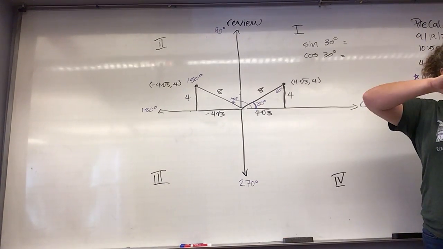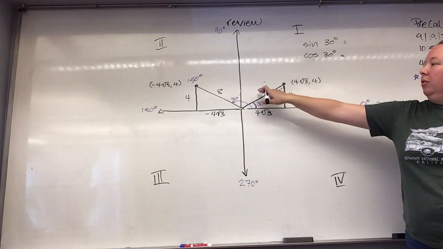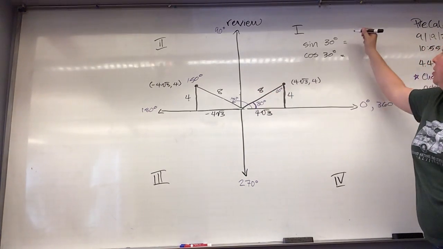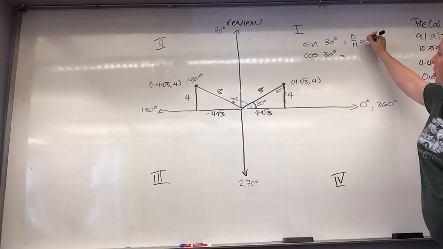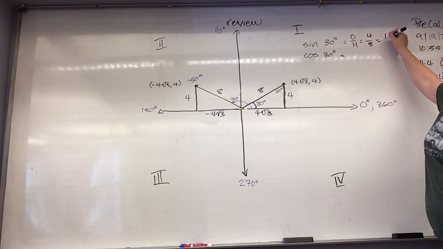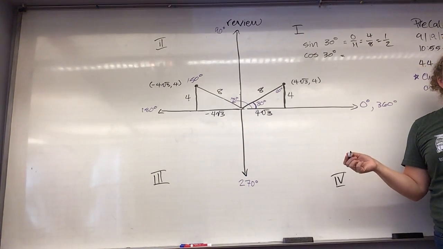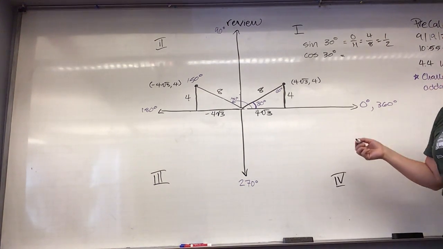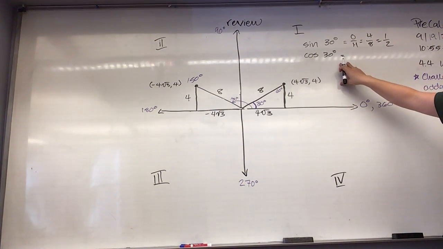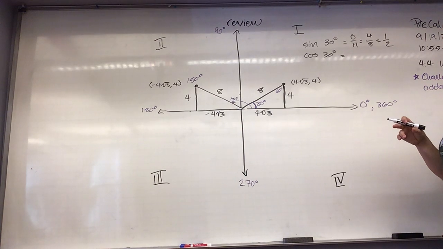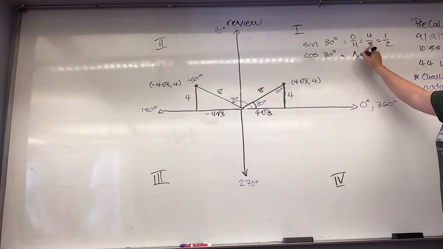Sine is what over what? Opposite over hypotenuse, 4 over 8, which equals 1/2. Does the sine of 30 degrees depend on the size of the triangle? No. All right, how about the cosine of 30 degrees? That would be square root 3 over 2.